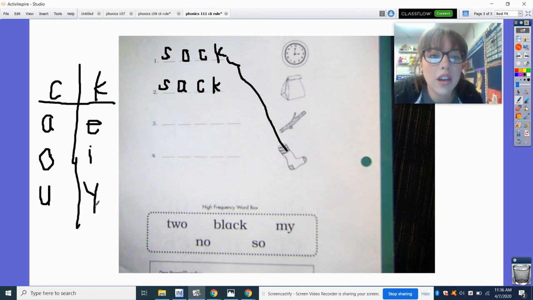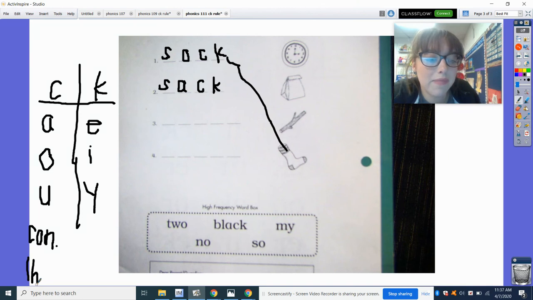Now, where do the consonants go? Consonant, so that goes with the C. So you put C, O, N. And that's your consonant, and that includes L's and H's and all sorts of consonant letters.